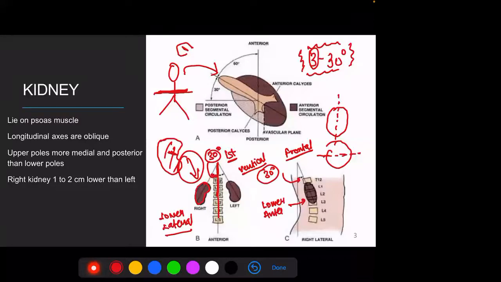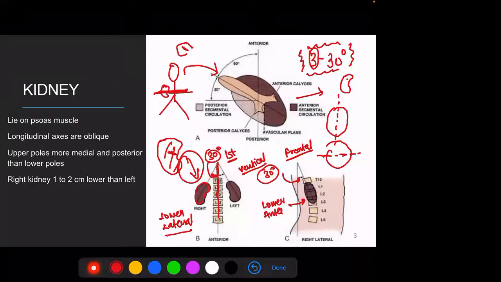Now the first 30-degree is the vertical plane, the second 30-degree is the frontal plane, and the last 30-degree is this one. If the kidney is like this, as we see the patient standing in front of us, the kidney is present here.